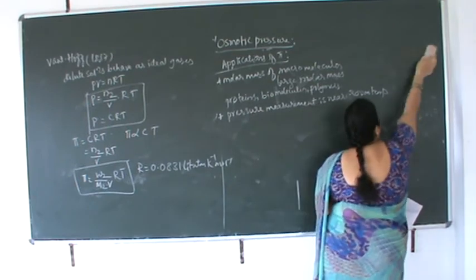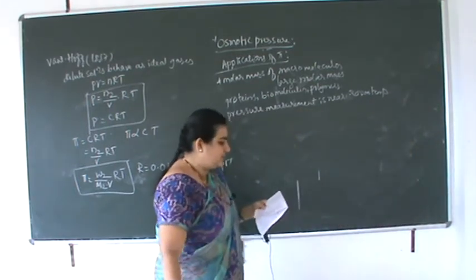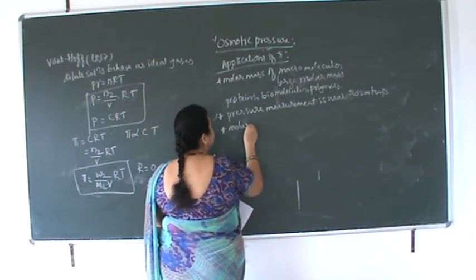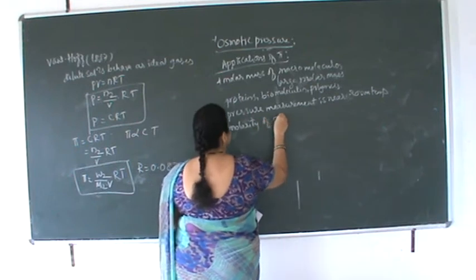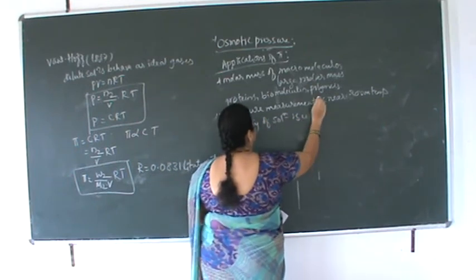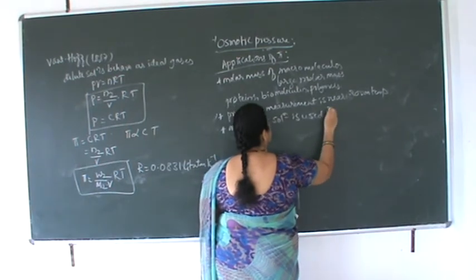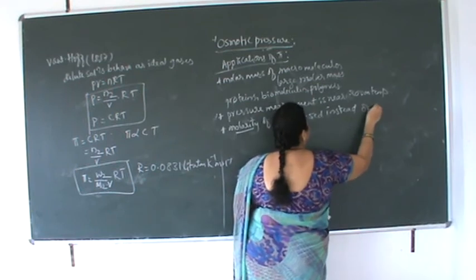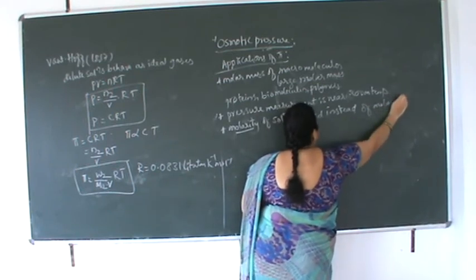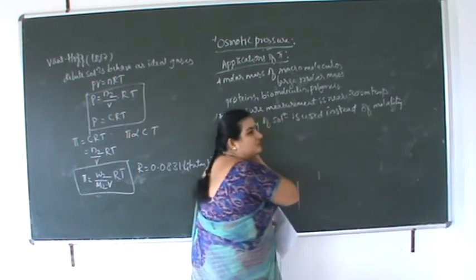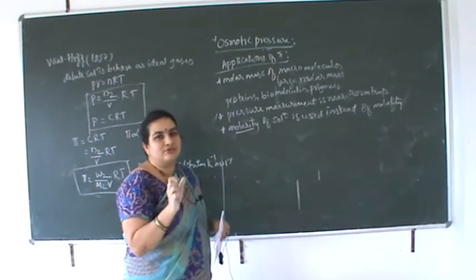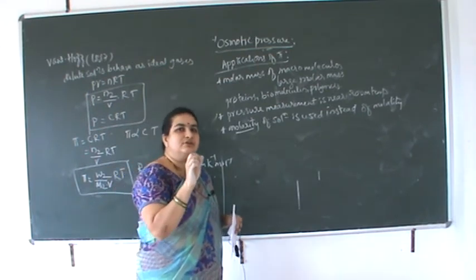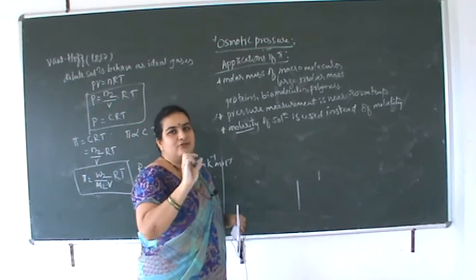Next, third point: molarity of the solution is used instead of molality. Recall here, in the relative lowering of vapor pressure we use just the number of moles.